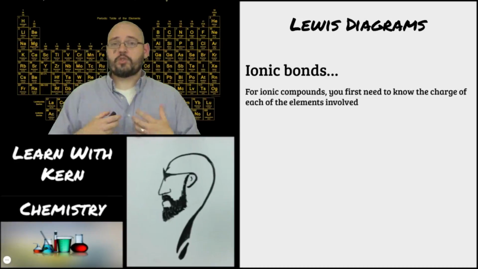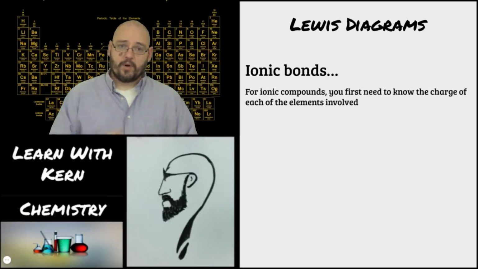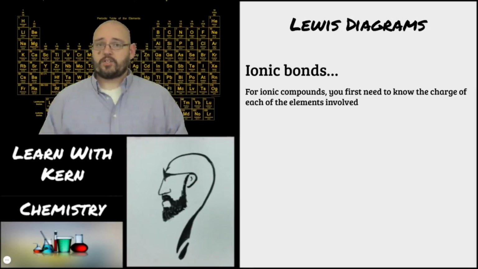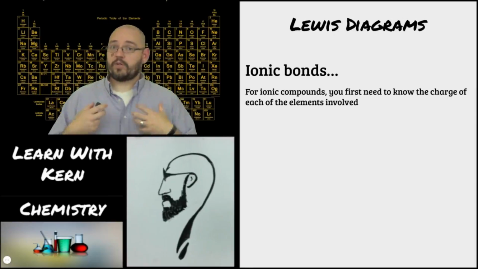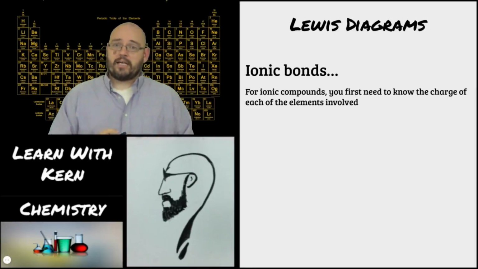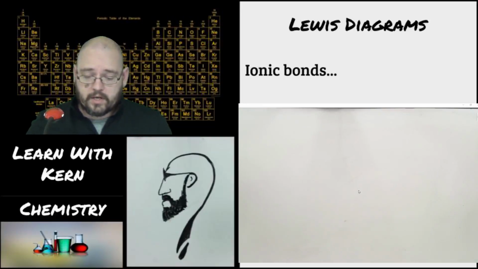So in order to do the Lewis diagram for an ionic bond, you have to first know the charge of each element that is involved. So you're going to have to look at the periodic table and know where it is and know what the charge of that element is. And once you know the charge of the element, then you can draw the Lewis diagram for that ionic compound.